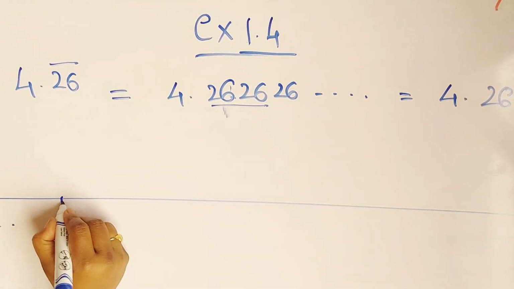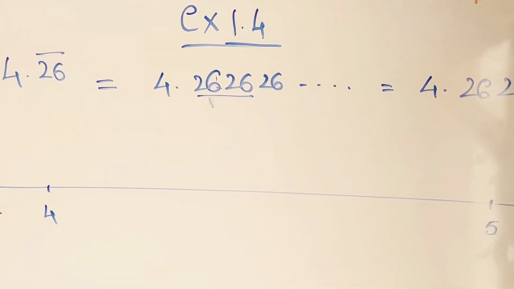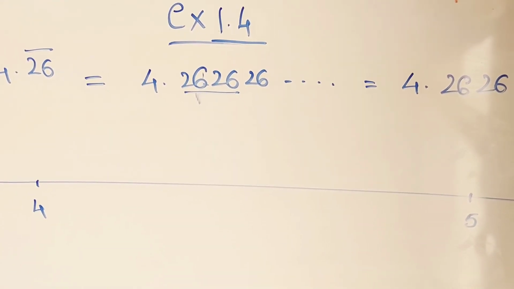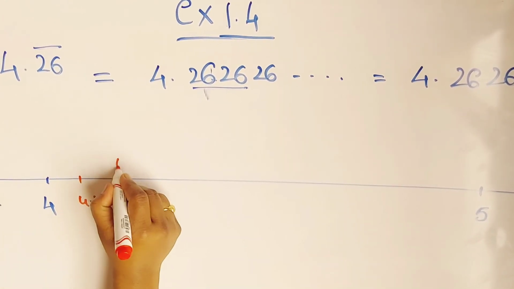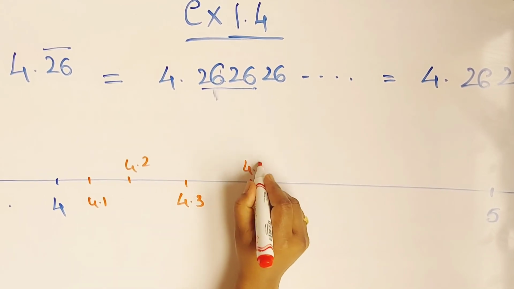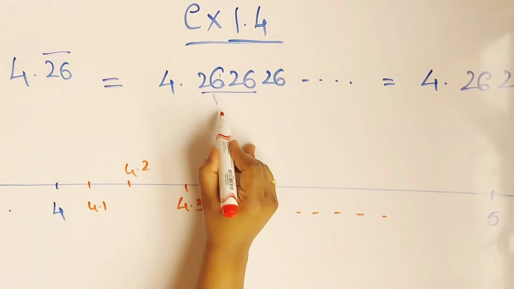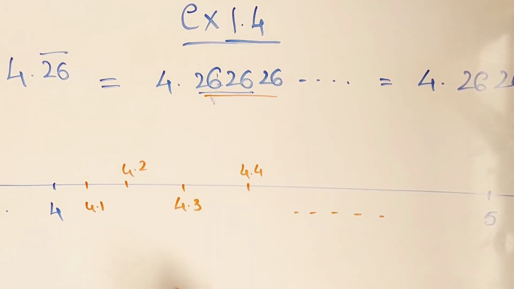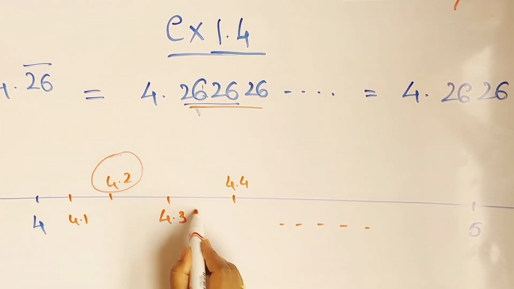So I am writing only 4 and 5. After 4, what are the numbers? 4.1, 4.2, 4.3, 4.4, so on till 5. Now our number is 4.26. So that means in between 4.2 and 4.3.